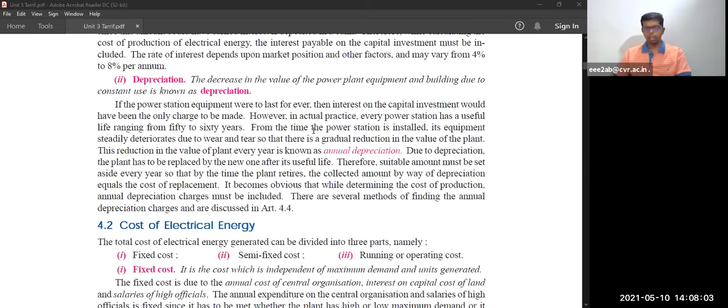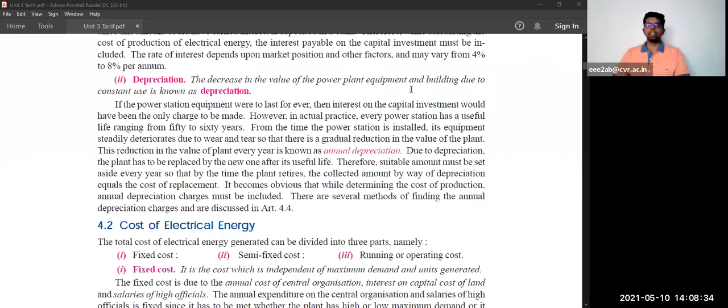Some recently installed, recently commissioned power stations, like nuclear power stations and thermal power stations, are buying the latest new generators. But still, in India, we are using old generators. So depreciation amount is there.